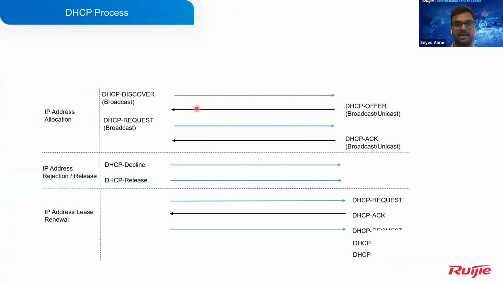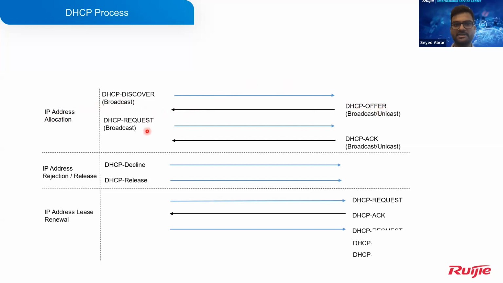How is the DHCP packet transferred from your host, your wireless client, to the DHCP server? First is DHCP discover, because the device doesn't know who our DHCP server is. It sends a broadcast message to discover the DHCP server. Once it is discovered, the DHCP server will offer a packet with some information, like the IP address, DNS, and gateway addresses.